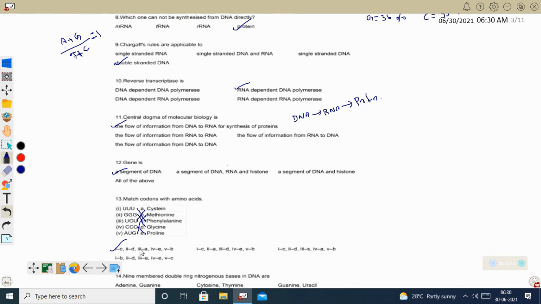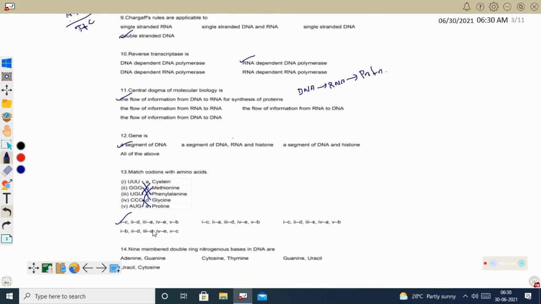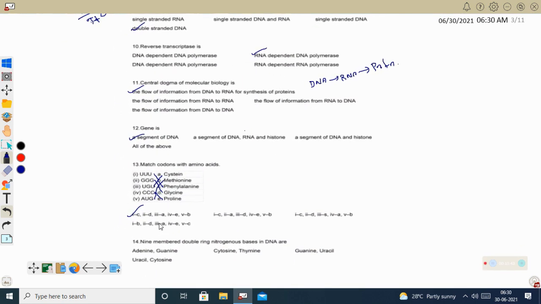To answer this kind of question, there is no need to mug up all the codons and amino acids. Just write all the codons and amino acid names just before the examination. Before starting to write your answers, write the codons and their particular amino acids and finish it off. That is very essential, because at least one question based on the codons is asked, and you will get 4 marks.